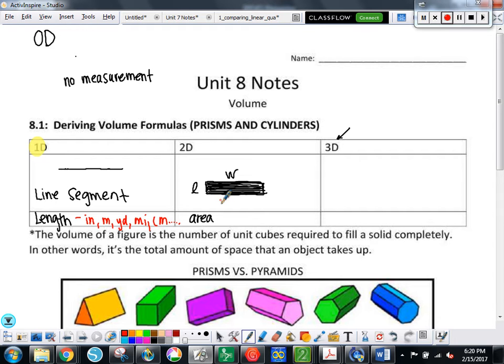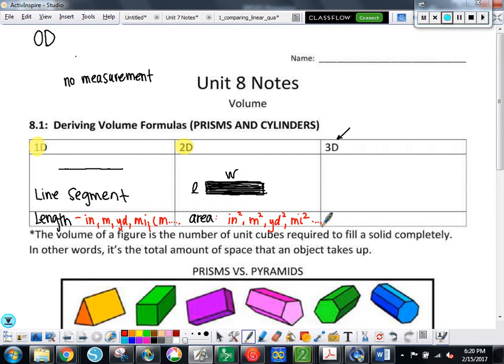Now, two-dimensional figures calculate their area with the power squared. So if I'm calculating area, it's going to be inches squared, or meters squared, or yards squared, or miles squared, centimeters squared, and so on. That's how I would calculate area.